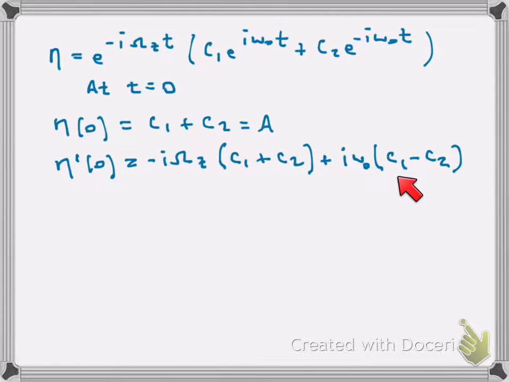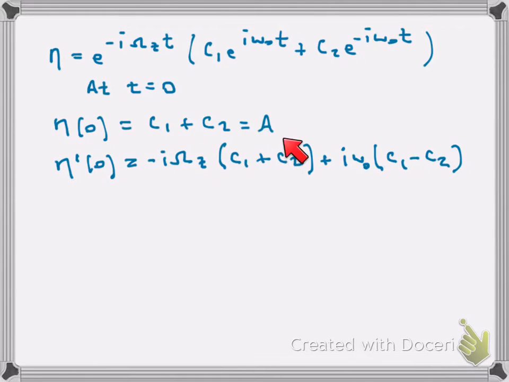So it's plus i omega naught c1. And then I have minus c2, because when I differentiate this one, I pull down a minus i omega naught, and the exponential evaluated at 0 is 1. So that's where I get the i omega naught times c1 minus c2.